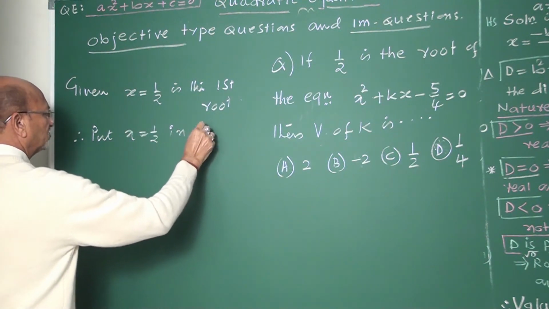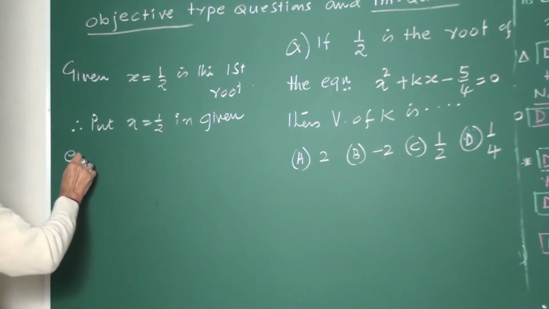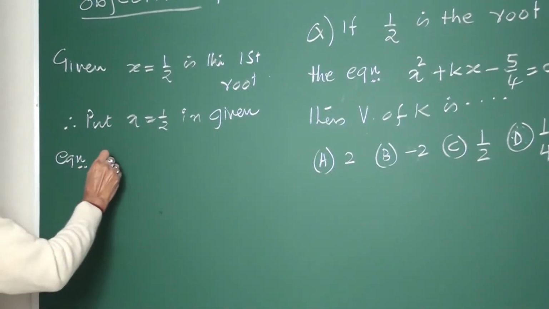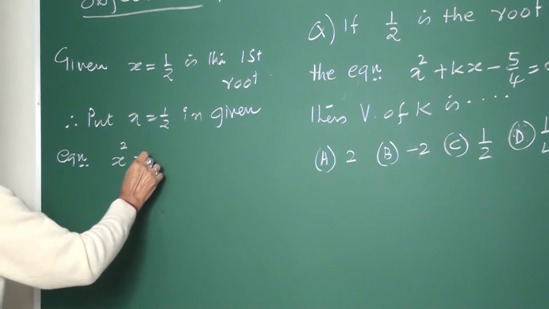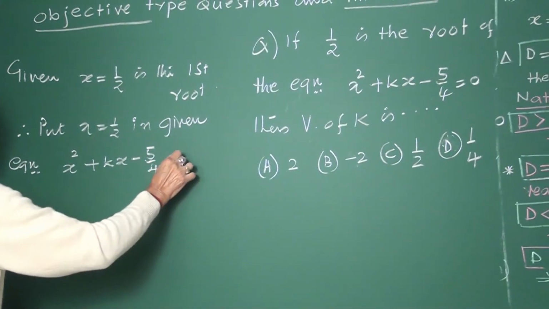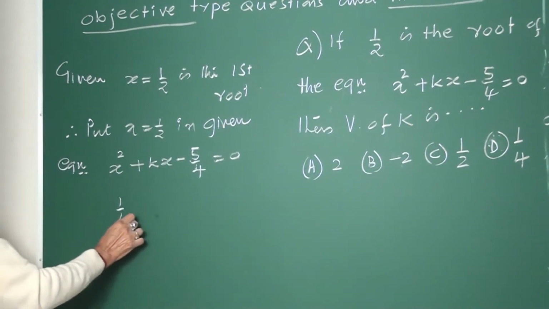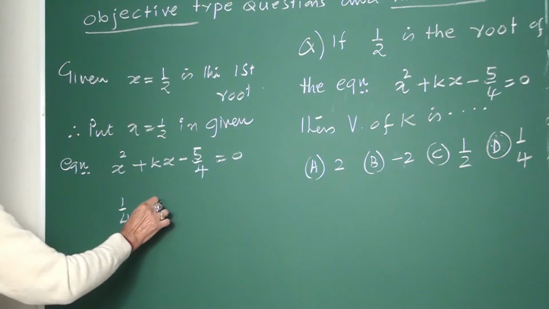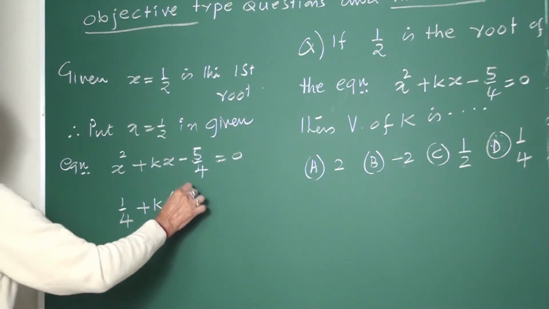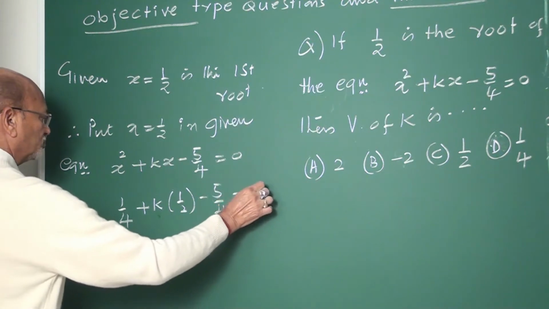What is the given equation, my friends? It is x square plus kx minus 5/4 equal to 0. Yes, put x equal to 1/2. 1/4 plus k into 1/2 minus 5/4 equal to 0.